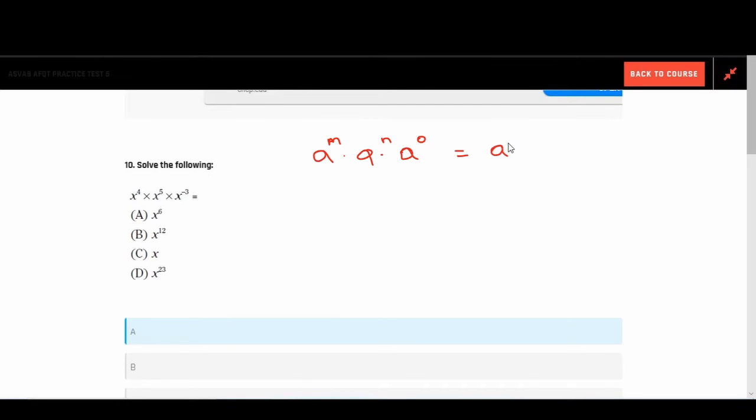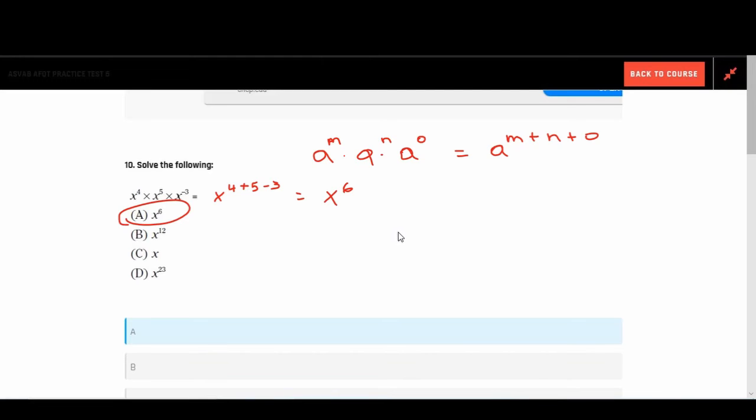So this would be A, M plus N plus O. And as you can see, that's the case we have here. So this would be x to the 4 plus 5 minus 3. 4 plus 5 is 9. 9 minus 3 is 6. So this would just be x to the 6th.